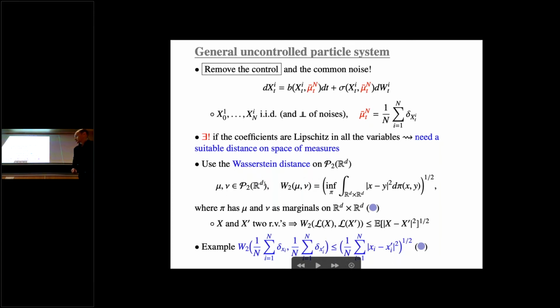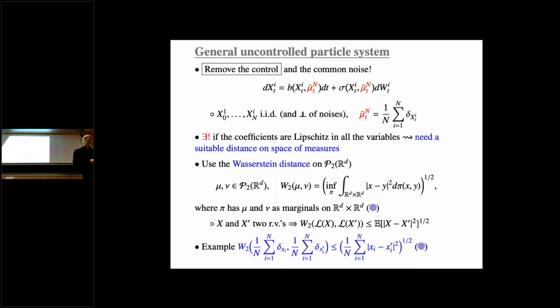This is to measure the distance between two states of the population, not of individual players. So you take mu and nu, two probability measures, and you want to see what is the distance between these two probability measures. What you do is that you take coupling measures pi. So pi is a measure on the product space. Mu and nu are probability measures on R^d, and you have a look at the product R^d times R^d.